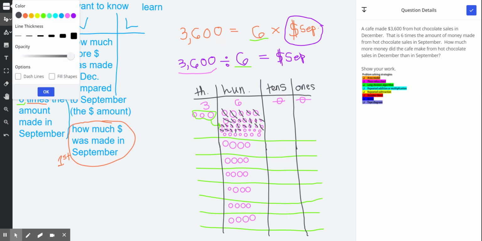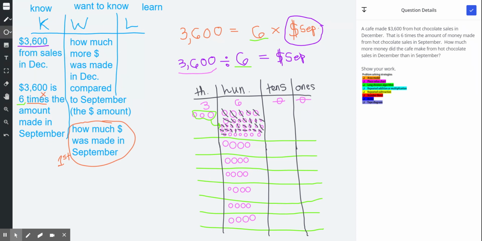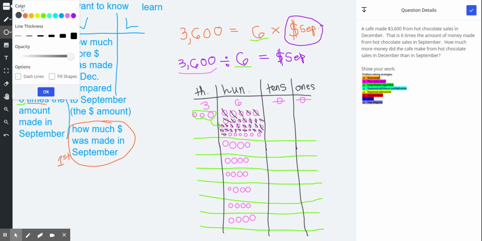So 1, 2, 3, 4, 5, 6. All right, make some more circles here. So I can drop another circle in each.